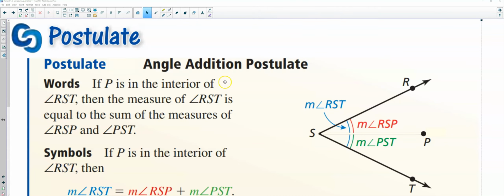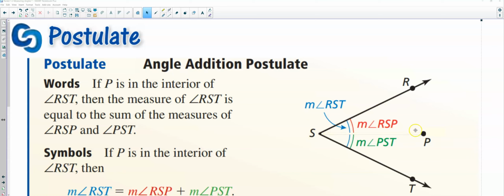Okay, one more thing we need to learn about angles is the angle addition postulate. The angle addition postulate says that if point P is inside, or in the interior of, angle RST, then the measure of RST equals the sum of the measure of angle RSP plus angle PST.